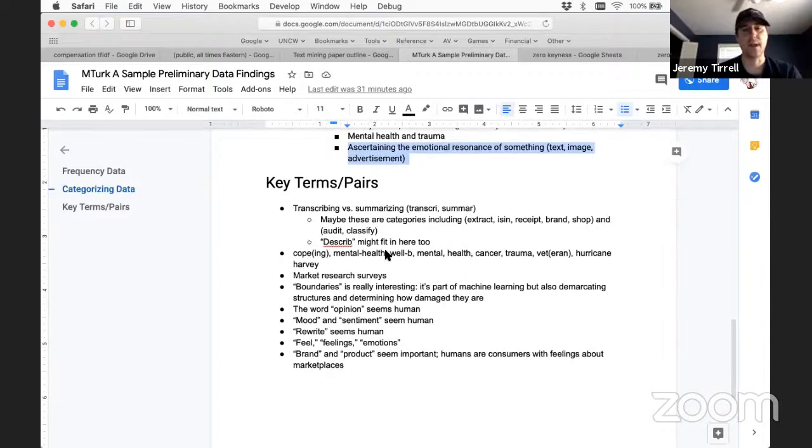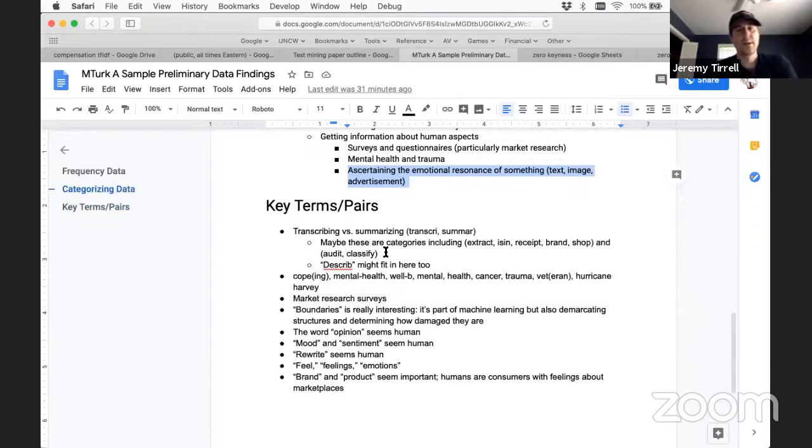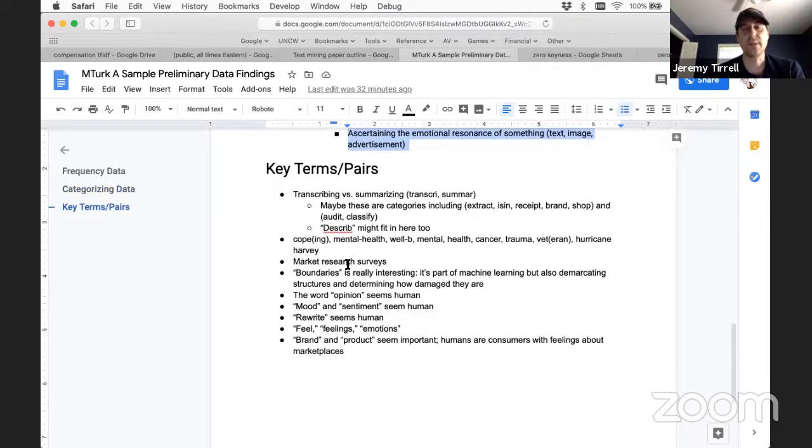And in fact, here where I was writing up key terms and pairs, that's part of why we were doing this, to find words to examine. Mood and sentiment popped out. This one also, rewrite.